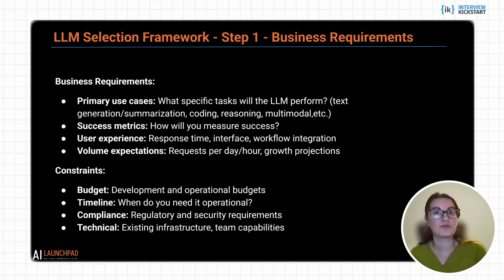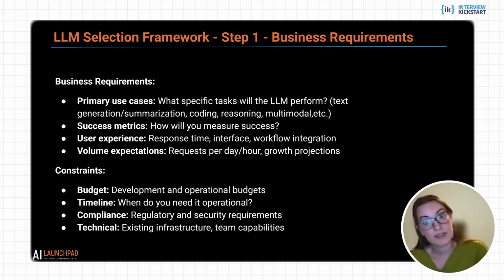In the real world, we do have constraints. For example, money is one of them. The number one constraint is kind of like budgeting. So, what budget constraints does your company have, and what is the timeline for your business stakeholders? The answer usually is very difficult to get, but this is the requirement that you need to make sure that you gather. You also need to understand the security and compliance requirements.